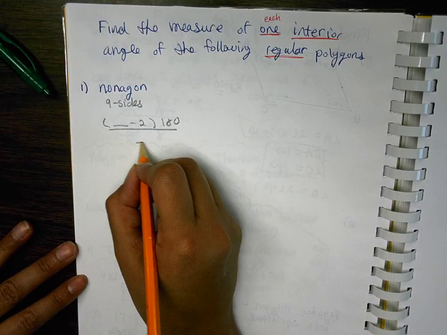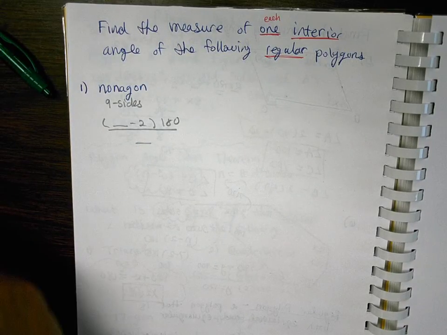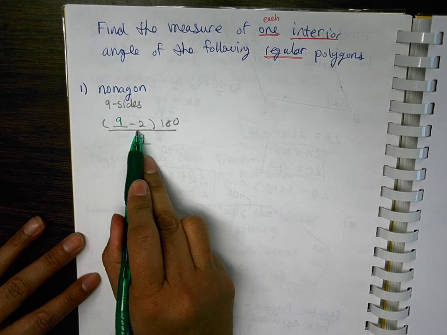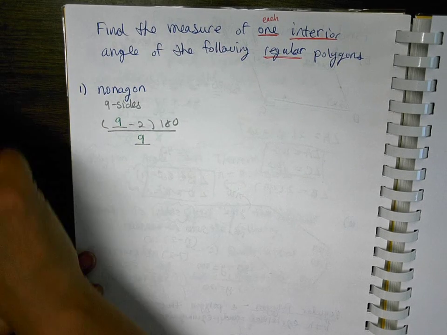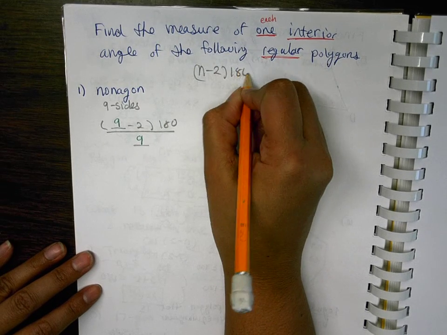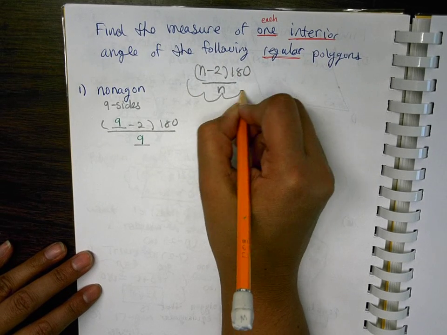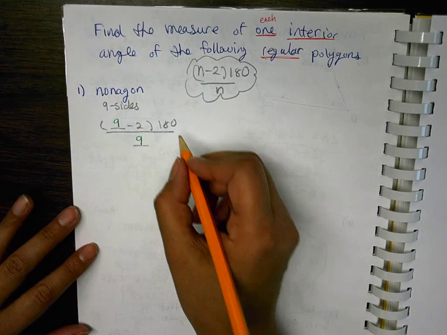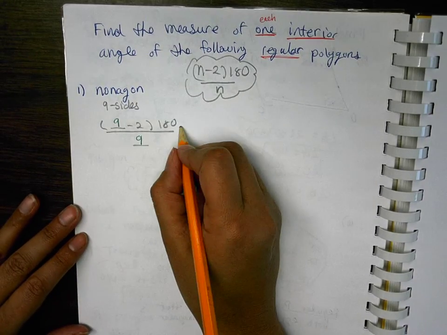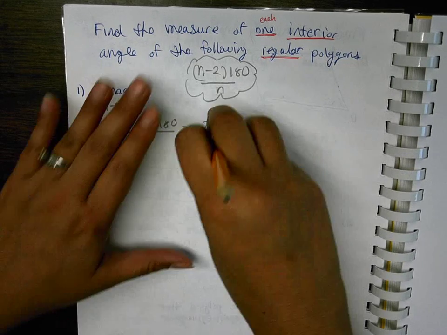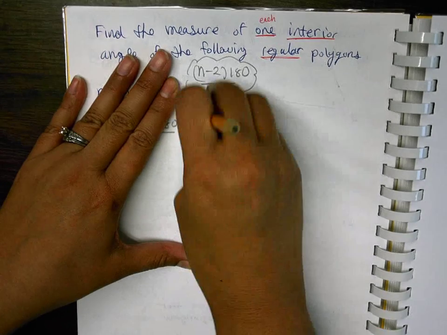And what is n in this case? 9. 9 minus 2 times 180 divided by 9. I'll write the formula here again. N minus 2 times 180 divided by n. All right. Plug it in your calculator. What's 9 minus 2? 7. So you're typing in 7 times 180 divided by 9. Can you plug that in? What is it? 140.